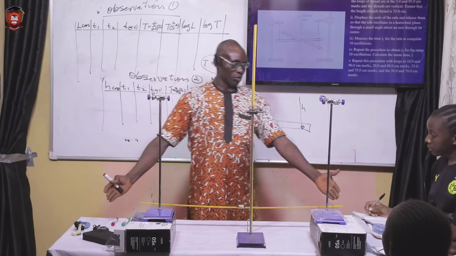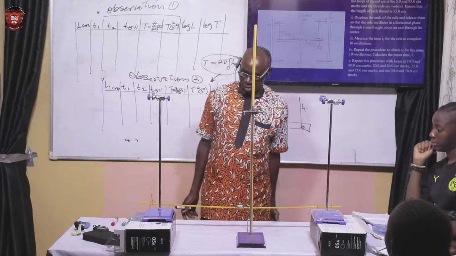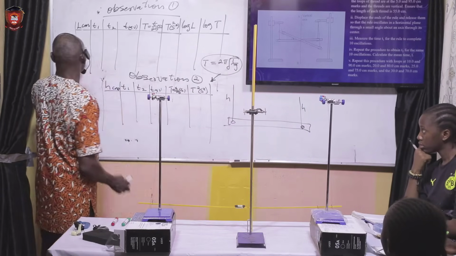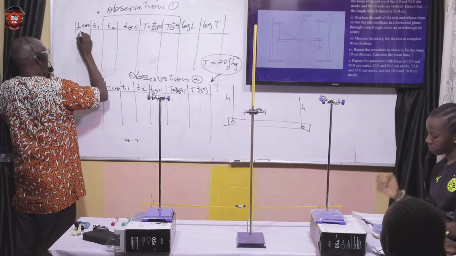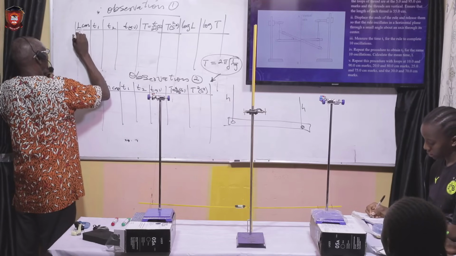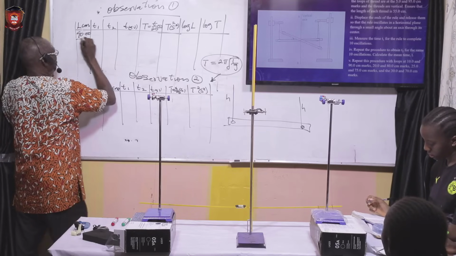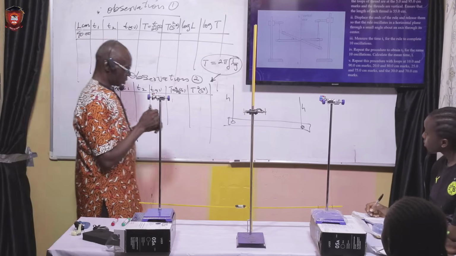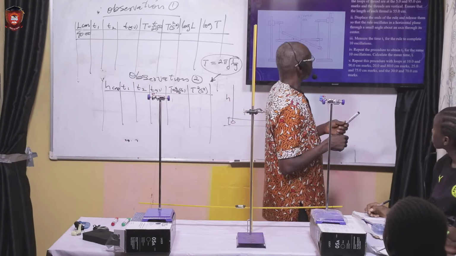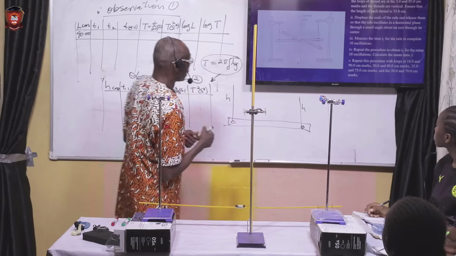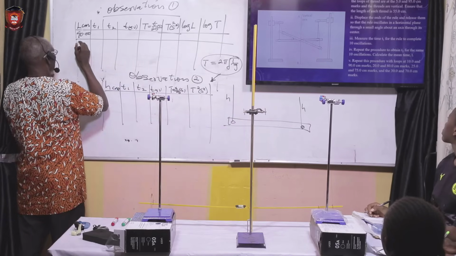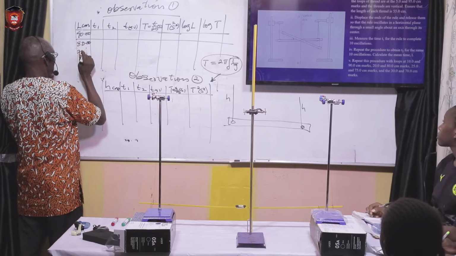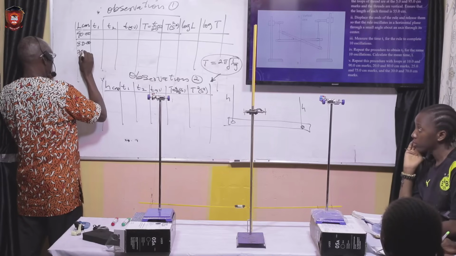I already varied what? The distance of the meter rule, which is 1. So what I have here for varying there, I have 90.00. And the next one from the question, next one is what? 80.00. Next is what? 75.00.